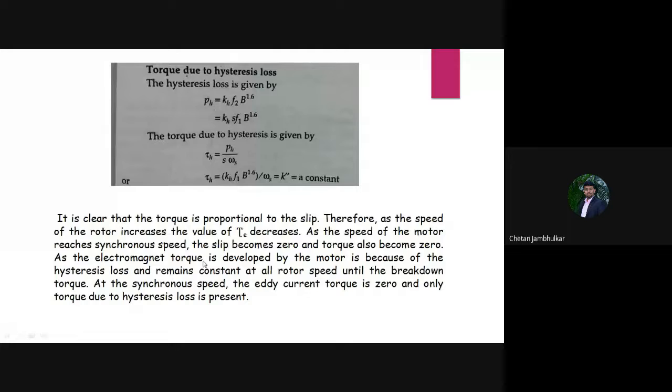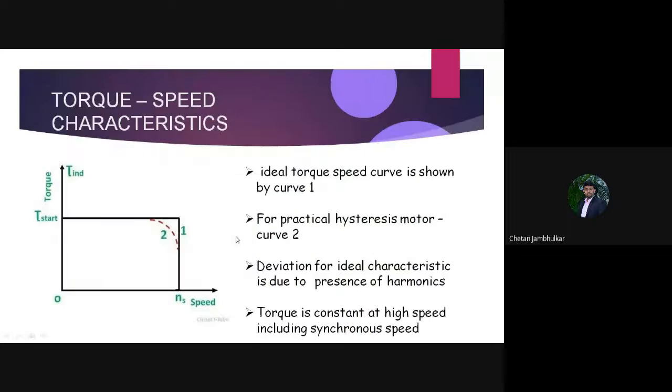The electromagnetic torque developed by the motor is because of the hysteresis loss, and it remains constant at all rotor speeds until the breakdown torque occurs. At synchronous speed, the eddy current torque is zero and only the torque due to the hysteresis loss is present. So due to this hysteresis loss, your motor will run.